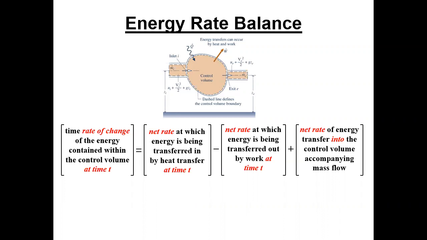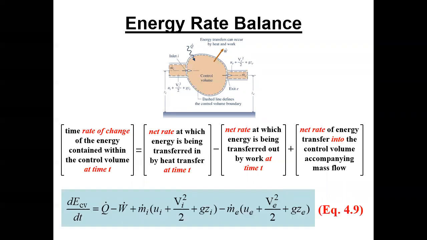That last term takes into consideration both the inlet flow and the exit flow, and so that's the net rate. It could be increasing, decreasing, or staying the same. We'll have all kinds of problems. Some will be transient, and you'll curse those because they're harder. A lot of them are steady state, and you'll like those because they're easier.